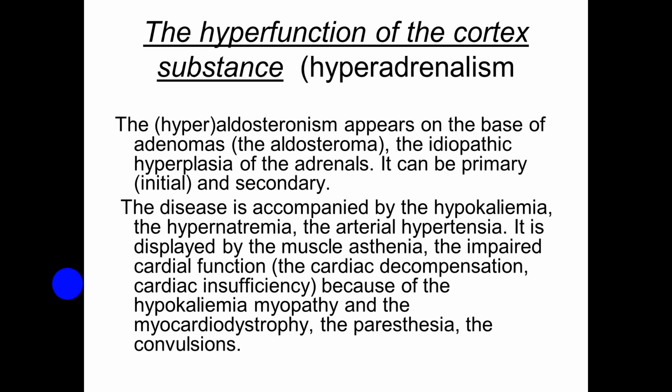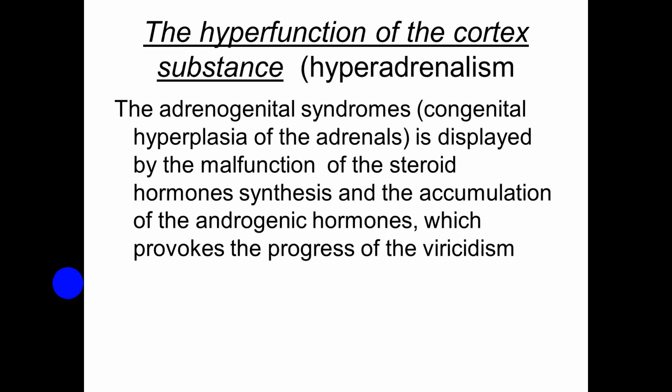It is displayed by muscle asthenia, impaired cardiac function, cardiac decompensation, and cardiac insufficiency because of hypokalemia, myopathy, myocardial dystrophy, paresthesia, and convulsion. In adrenogenital syndromes, congenital hyperplasia of the adrenals is displayed by malfunction of steroid hormone synthesis and accumulation of androgenic hormones, which provoke the progress of virilism.